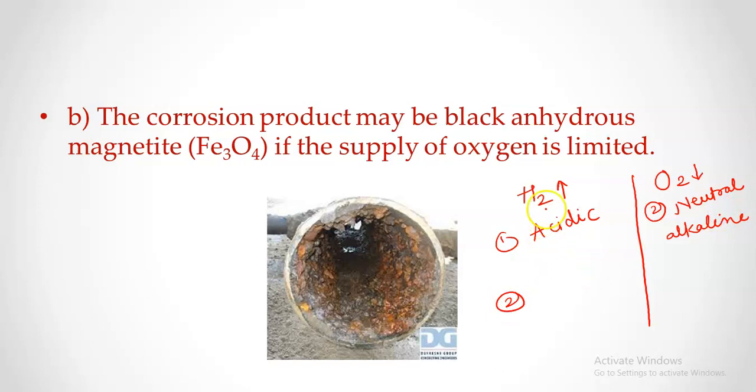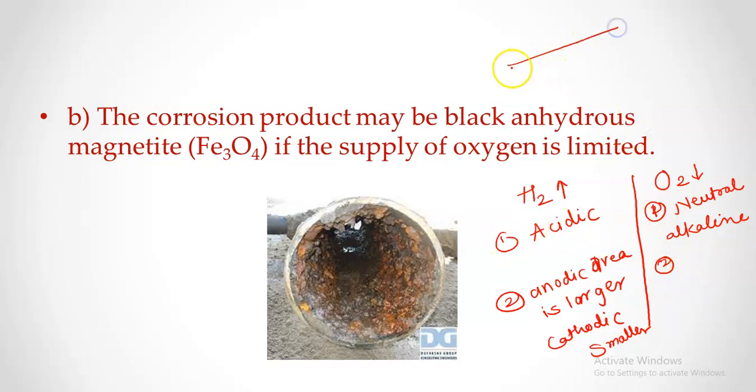In the second case, what happens? Remember, here in hydrogen evolution the anodic area is larger and the cathodic area is smaller. Whereas in absorption of oxygen mechanism, the anodic area is smaller.